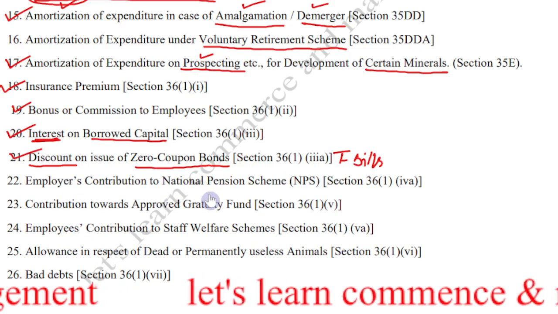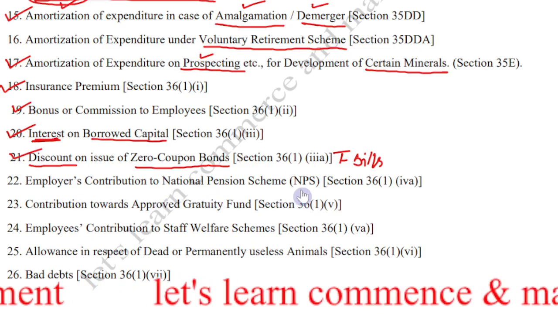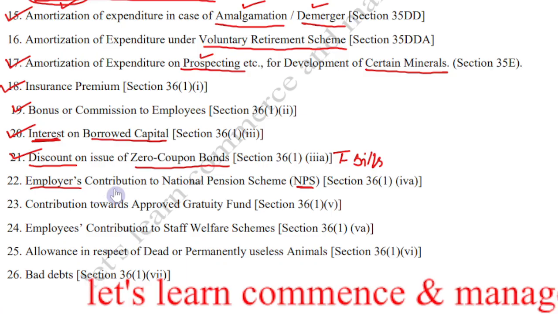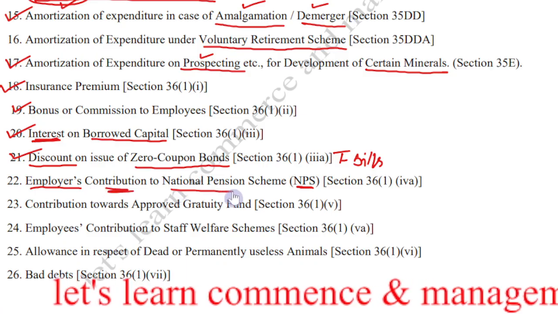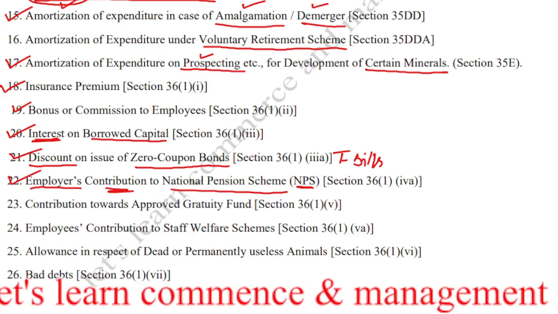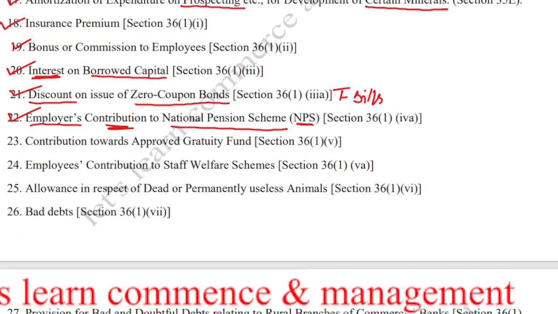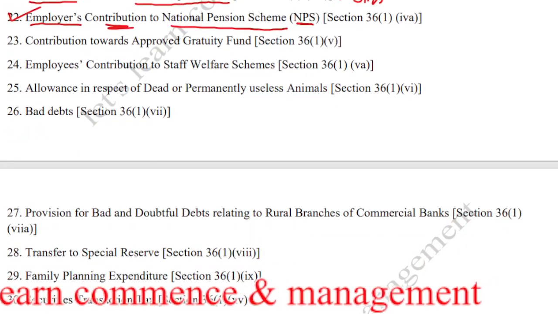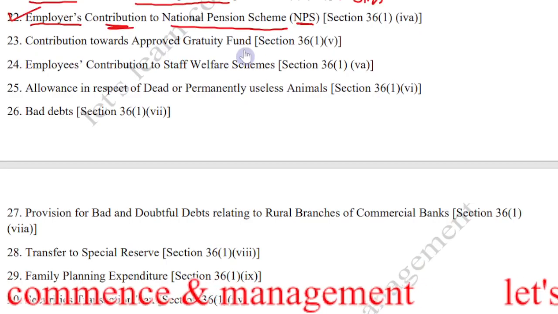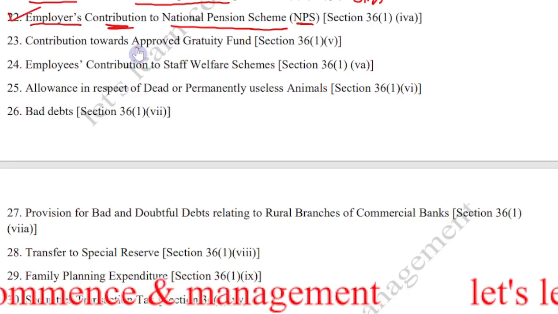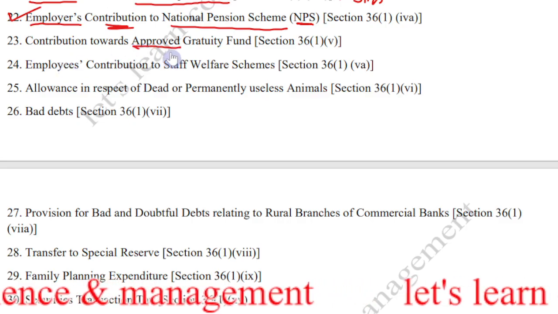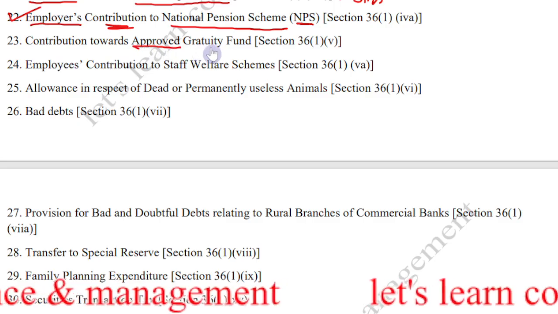Employer's contribution to National Pension Scheme (NPS). If the employer is making any contribution towards the National Pension Scheme, then it is also considered a valid expenditure. Then contribution towards approved gratuity fund. There is a limit for the gratuity fund.